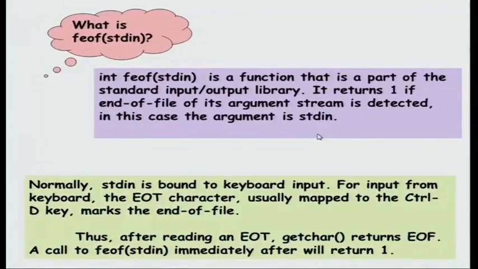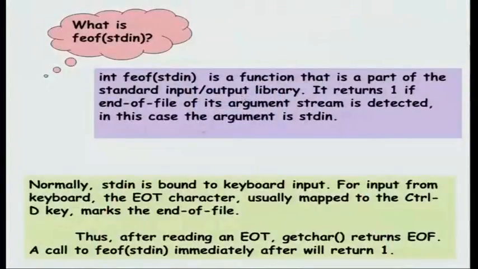So, feof stdin is a function that is part of the stdio library. We have already used other functions from that library, for example, printf and scanf. Now, the feof function returns a value 1 if the end of file has been encountered in the input argument.